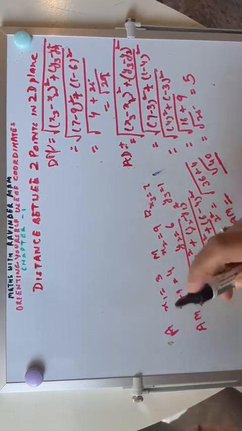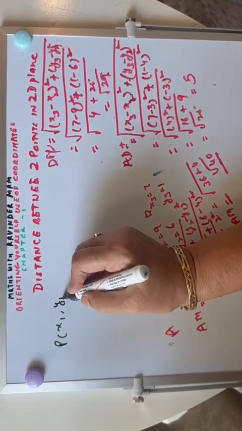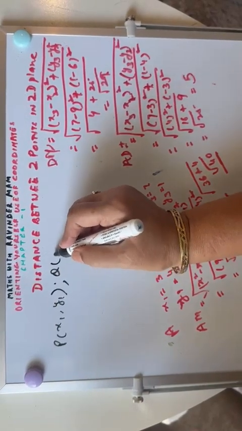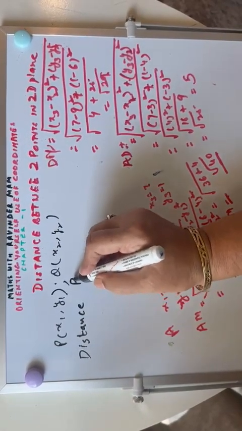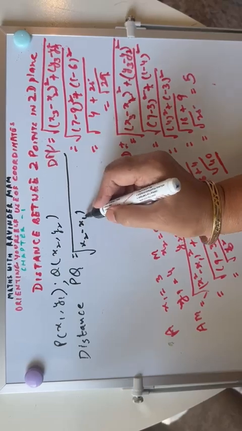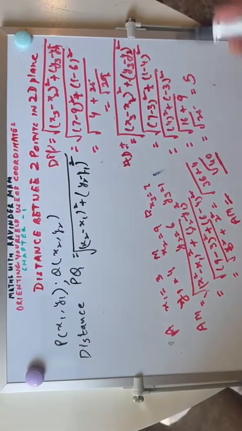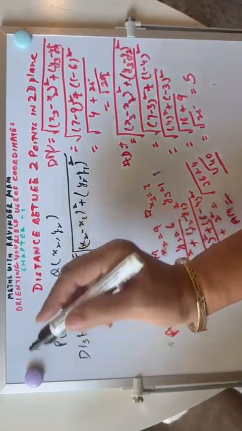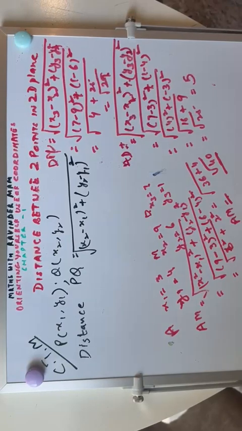For points P (x1, y1) and Q (x2, y2), the distance PQ is equal to under root x2 minus x1 whole square plus y2 minus y1 whole square. Make a note in your notebook. You can use one notebook for formulas only, and commit this formula to memory.